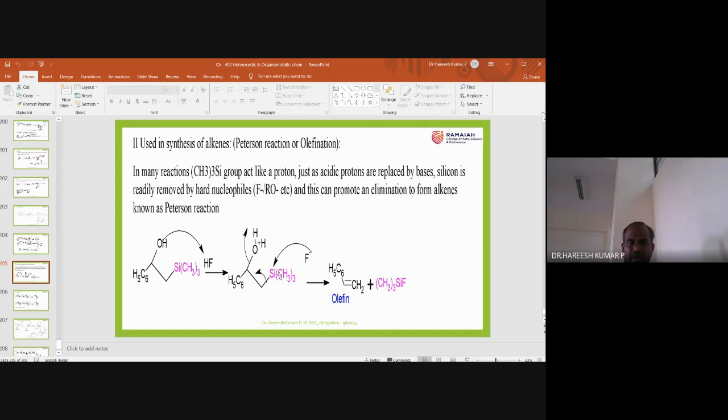That will form a bond with silicon. If F minus is forming a bond with silicon, then this bond pair is coming over here, and this will go out. That is how an olefin is obtained. Here the olefin is styrene. I think you are aware of styrene butadiene polymers. So this is how styrene is prepared.